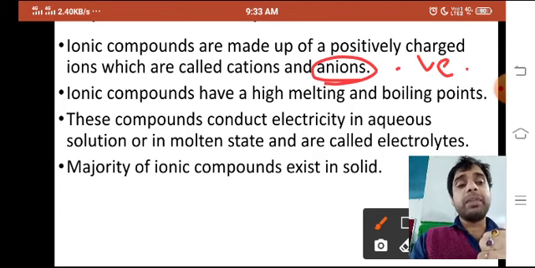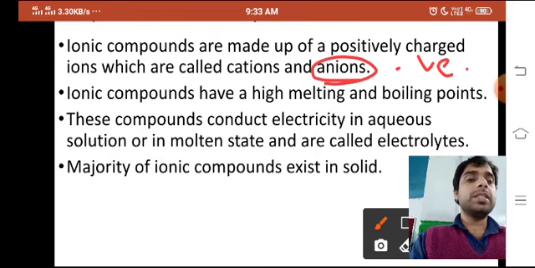For breaking that bonding you need a huge amount of energy, a huge amount of heat, and so the thermometer temperature will increase, and due to that they show high melting and boiling points.